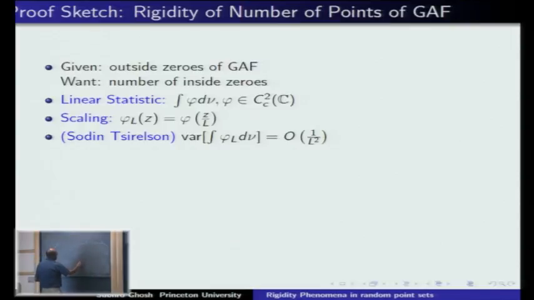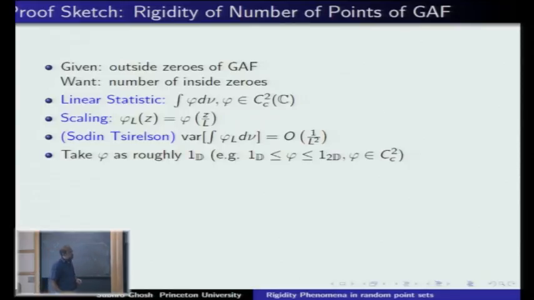So we choose a test function phi which satisfies this. Now we can compute the integral of phi d nu, and for any such function greater than or equal to the indicator of D, it will be the number of points inside D plus some function of the outside zeros.